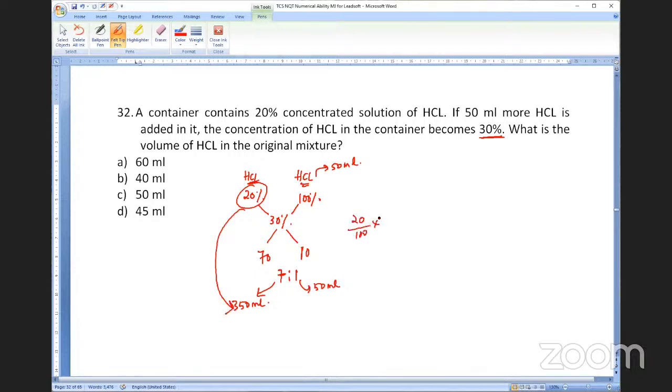So 20% of 350 ml, it goes by 5, that is 70 ml. Answer should be 70 ml.